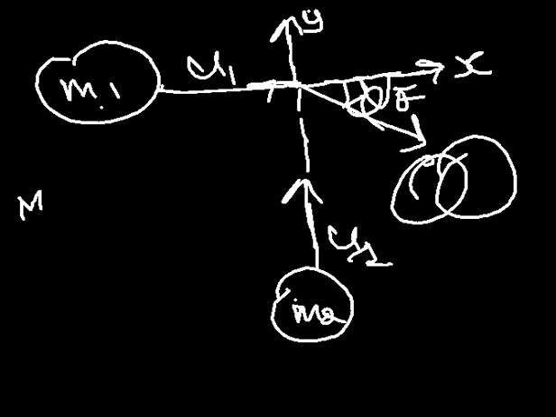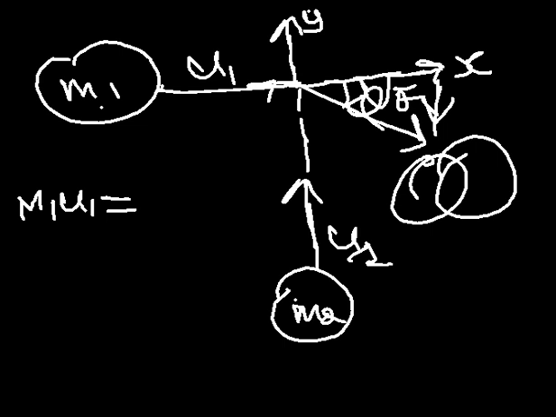So the initial momentum for object 1 along x is just m1 u1, because it is moving horizontally already, and this is equal to the final momentum. After they collide, they are moving at an angle theta with respect to the horizontal, so we have to resolve into components. This is the y component and this is the x component.